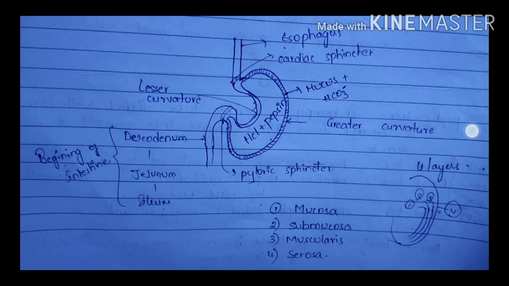The bicarbonate continuously neutralizes the H plus ions as soon as they come in the vicinity of the muscular layers. As I have already told you, HCl, pepsin and gastrin are the aggressive factors, and bicarbonate and mucus are the defensive factors.